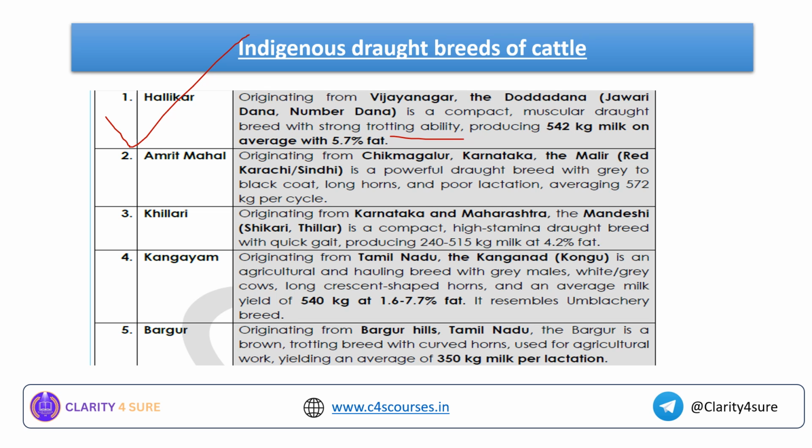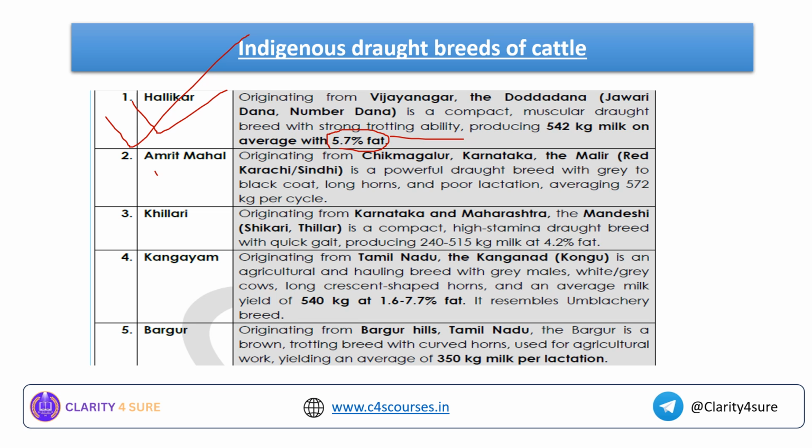It means that it is very efficient in plowing the land, and draught breeds are mainly used for agricultural labor purposes. The milk yielding capacity is 542 kg per lactation and the average fat is 5.7 percent, and it is a heat tolerant breed for drought.